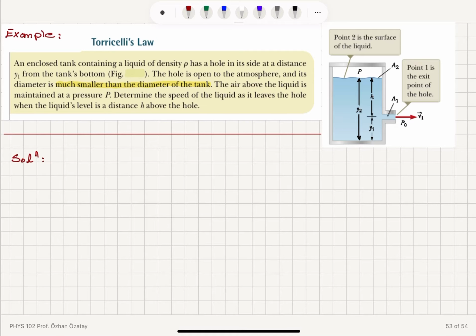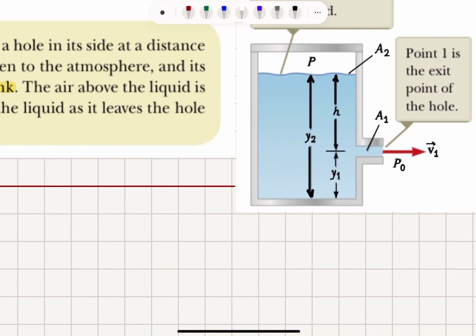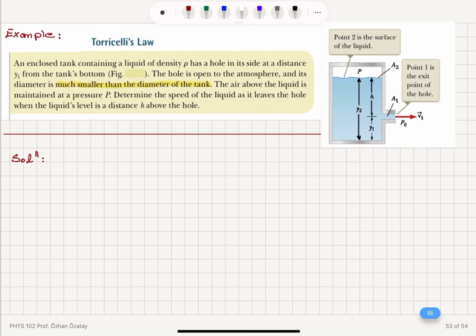The air above the liquid is maintained at a pressure P. Determine the speed of the liquid as it leaves the hole when the liquid's level is a distance h above the hole. This is y1. This is y2, the surface level of the liquid. And here we have atmospheric pressure P0.